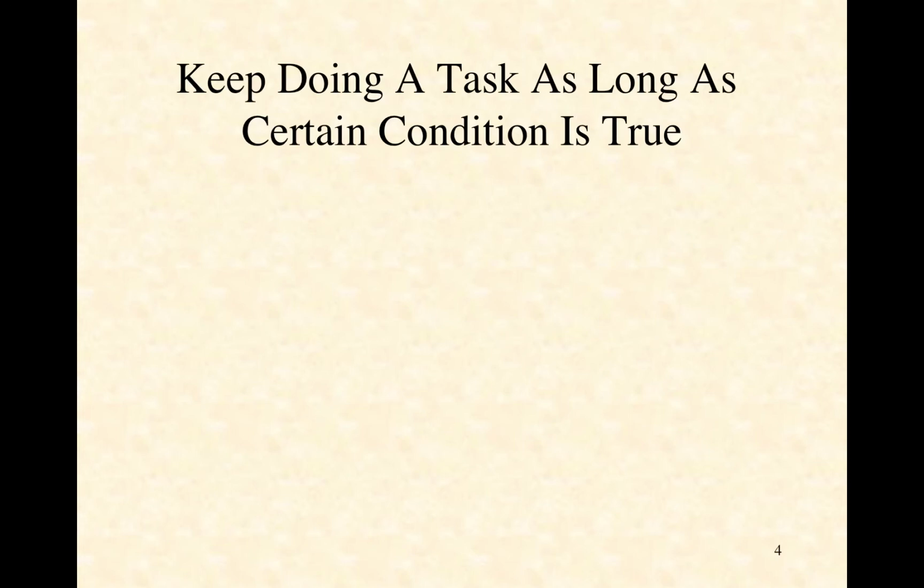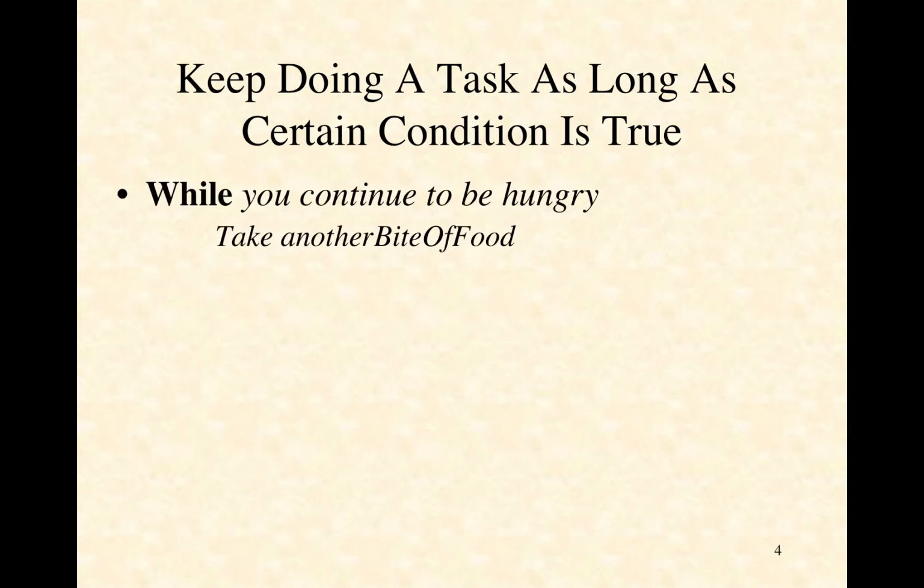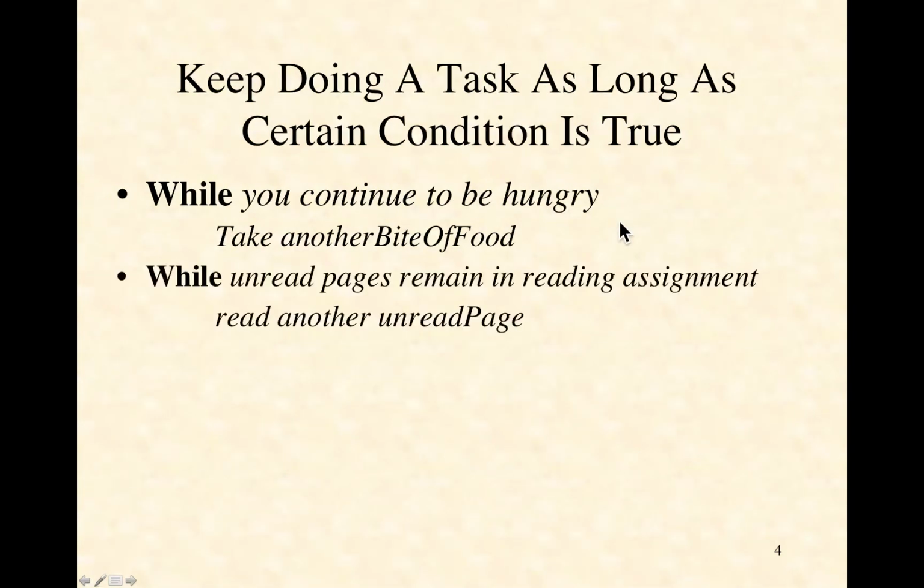So another way of looking at a loop is to keep doing a task as long as a certain condition is true. We'll show some real life examples of that. While you continue to be hungry, take another bite of food. This is a food eating loop. While there are unread pages, remain in the reading assignment, read another unread page.